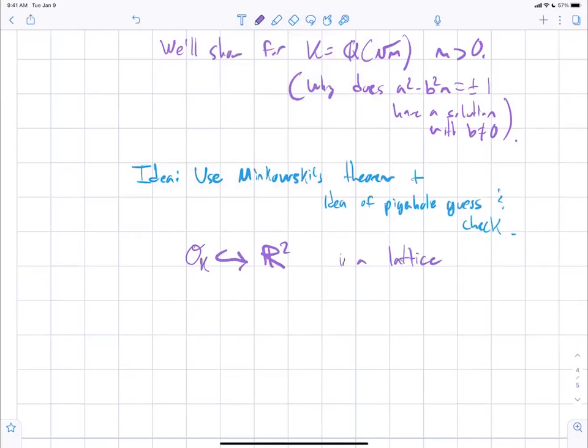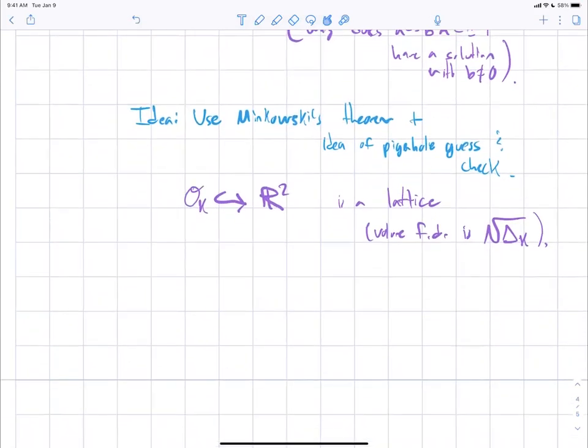And because there are no complex embeddings, the volume of the fundamental domain is just the square root of the discriminant, which is either 2 times the square root of m or just the square root of m. So we have this lattice inside of R squared.